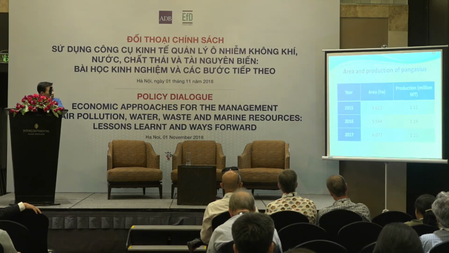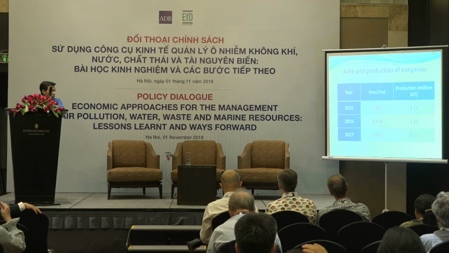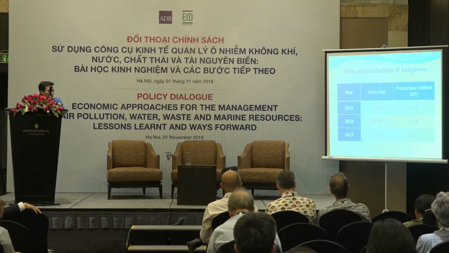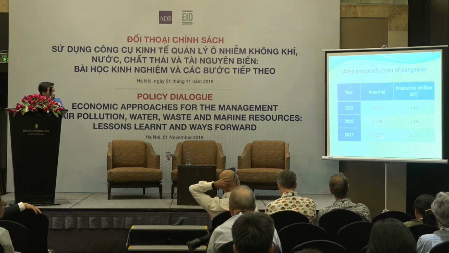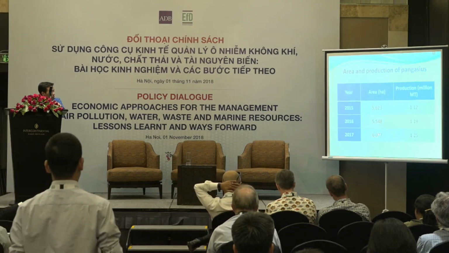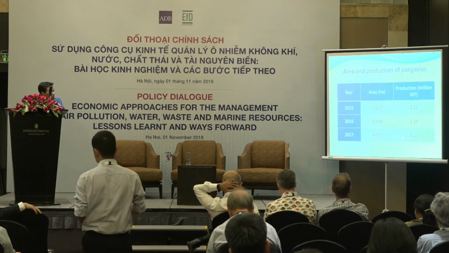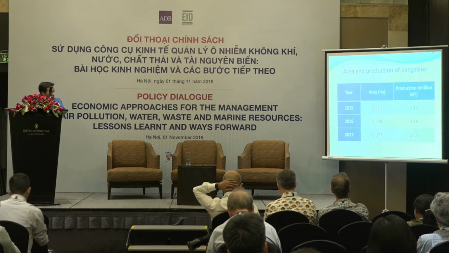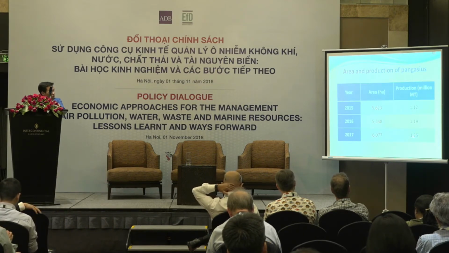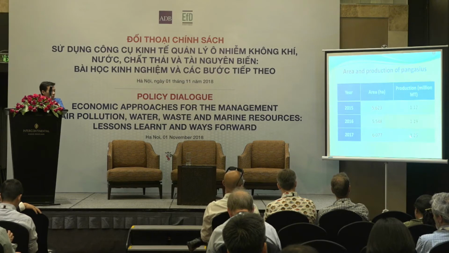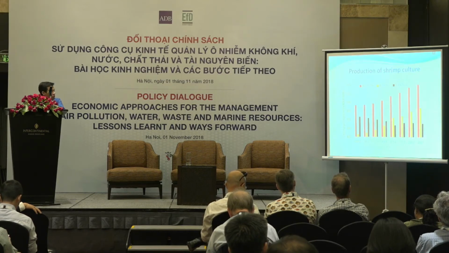And the production for the pangasius, you see this is also very high. We have the area here 6,000 hectare, and the total production for pangasius is 1.2 million metric ton. So it contributes a lot for the aquaculture in Vietnam.